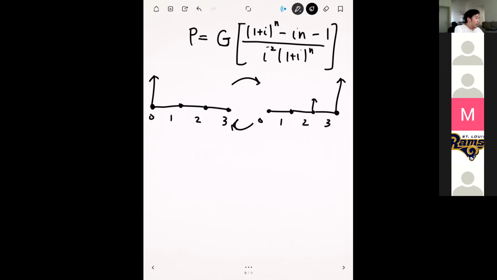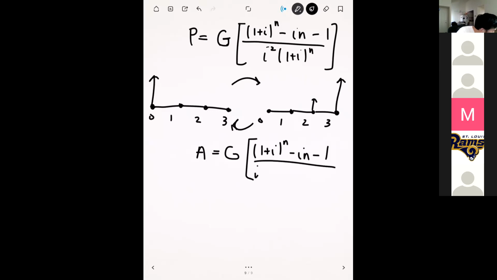And then the last one that we need is our A and G formula. So we have A equals G times (1 plus I) to the n minus I times n minus 1, all over I times (1 plus I) to the n minus I. Let's draw this schematically.